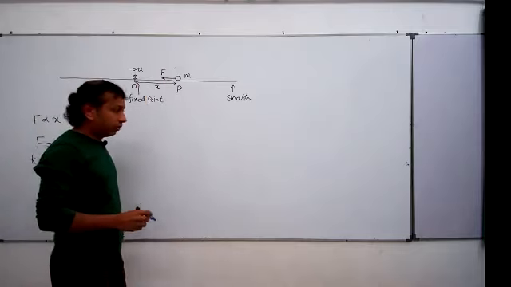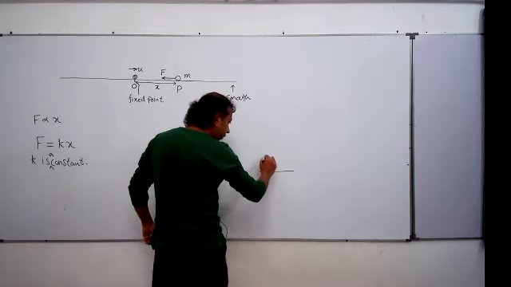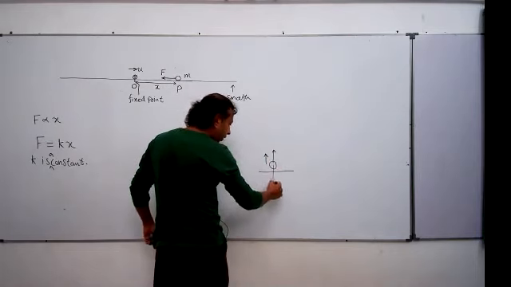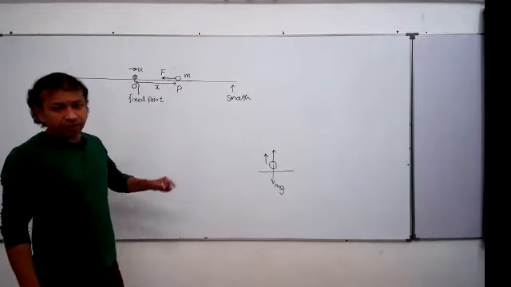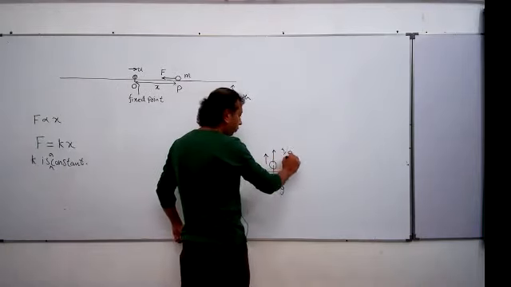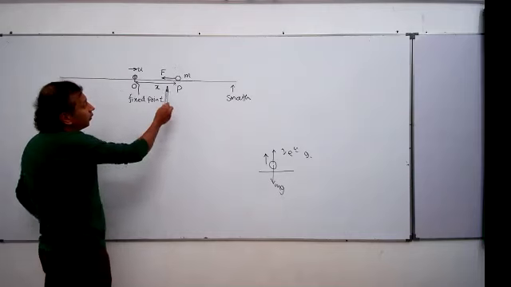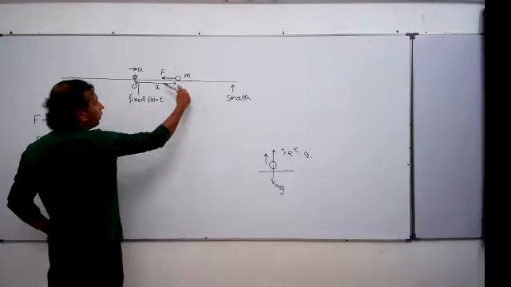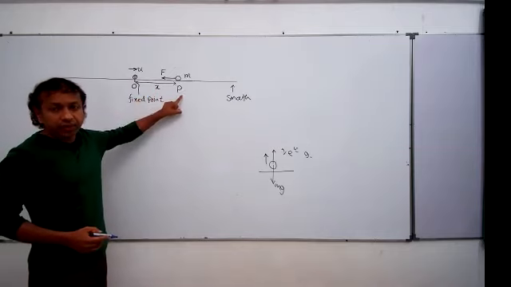That is to say, when we project a particle vertically upwards into the air, its weight is acting downward. Due to this weight, while the particle is moving upward, it will get a retardation. You know the retardation is g. Like that, once the particle tries to move rightward, since this external force acting on the particle P is leftward, the particle P moves to the right with a retardation.